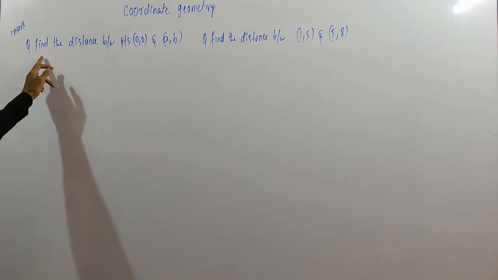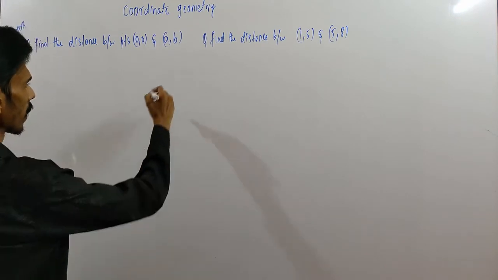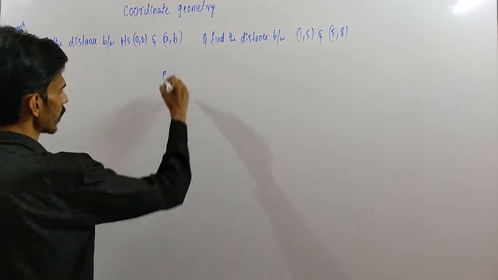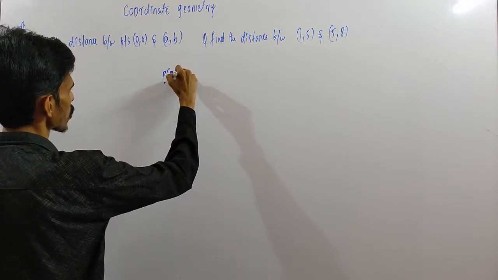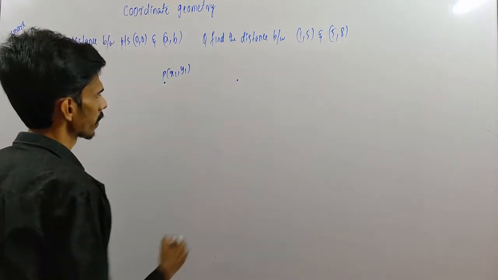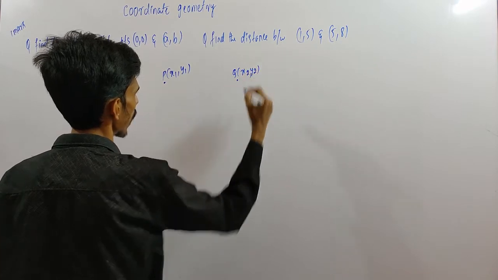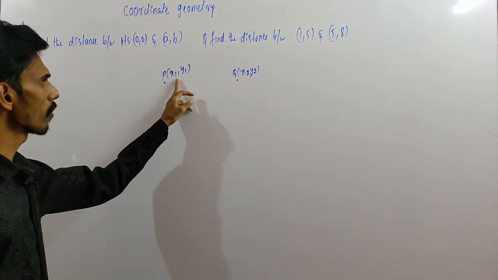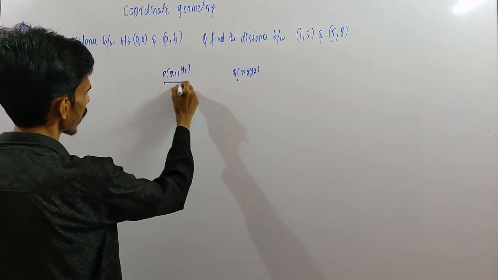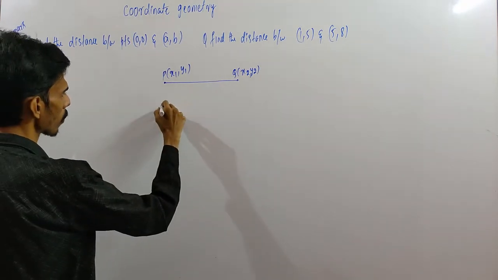Now the second question is: find the distance between points (0, 0) and (a, b). If we have a point P of (x1, y1) and another point Q of (x2, y2), and we are required to find the distance between P and Q, we have one formula.